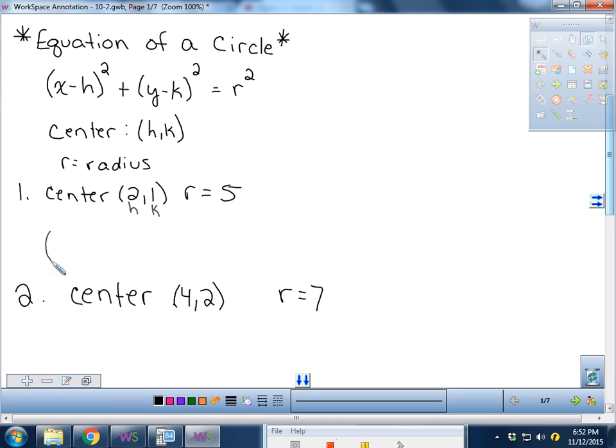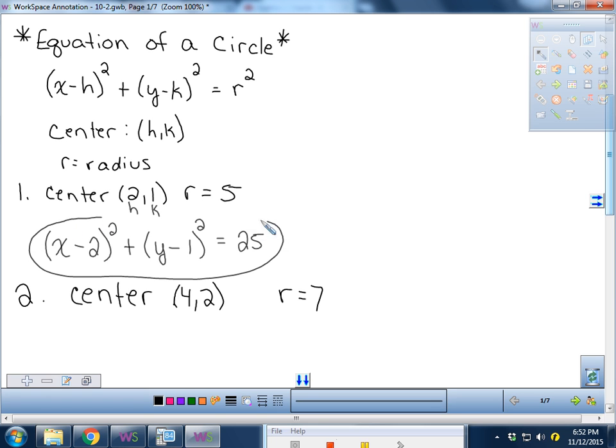So when I write the equation, it's going to be x minus 2, and then I square that. I always have a plus. y minus 1, and I square that. And that's equal to my radius squared, so 5 squared is 25.